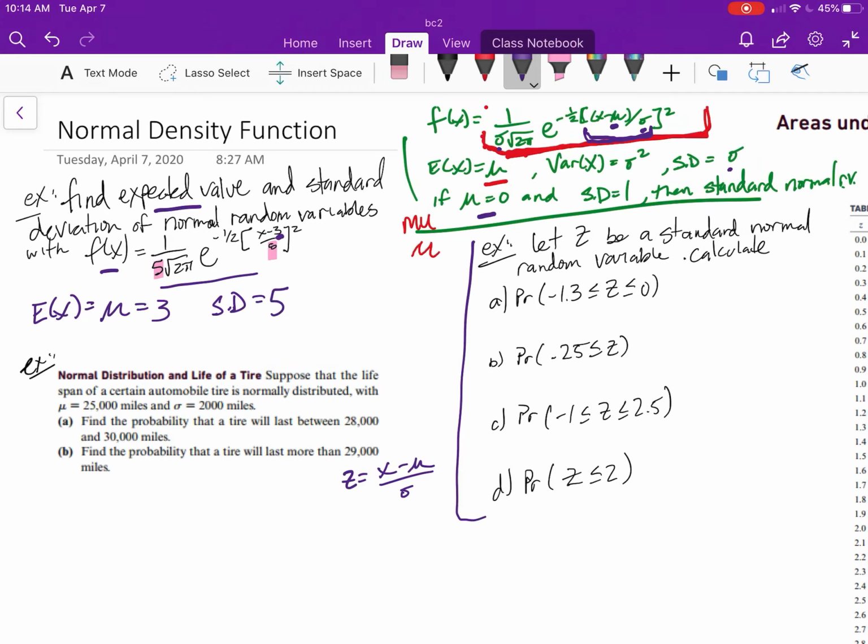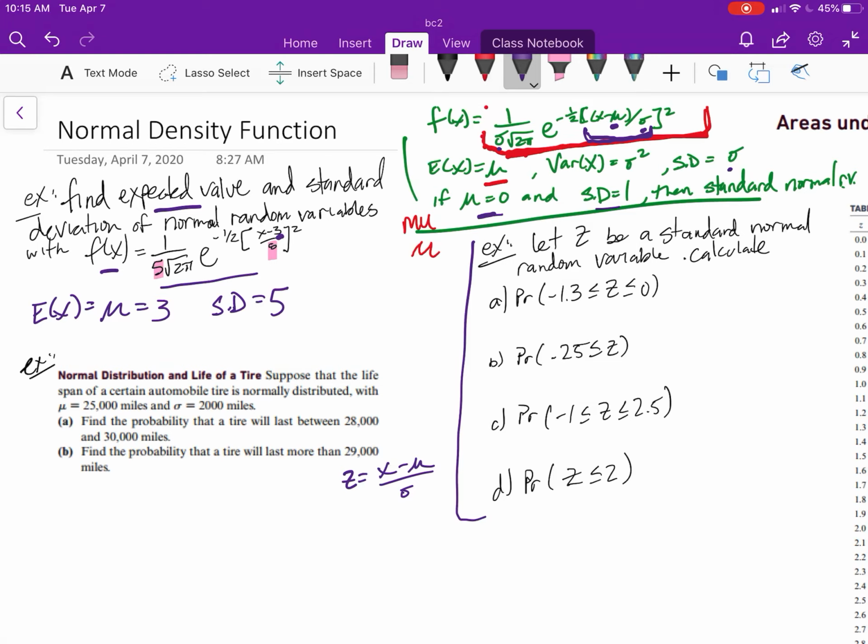So the standard deviation is 5, which means this isn't a standard normal random variable. Oh, sorry. Yes, it is normal. It's not a standard normal. The standard is when mu is 0 and standard deviation is 1. I apologize, brain fart. Okay, moving forward. That's it. That's all we had to do.